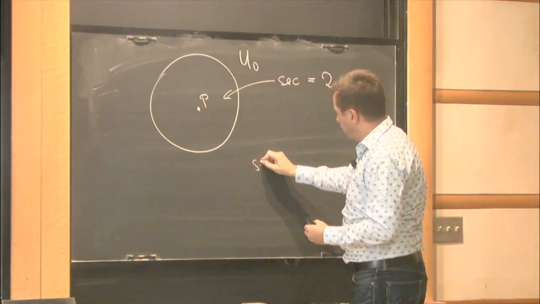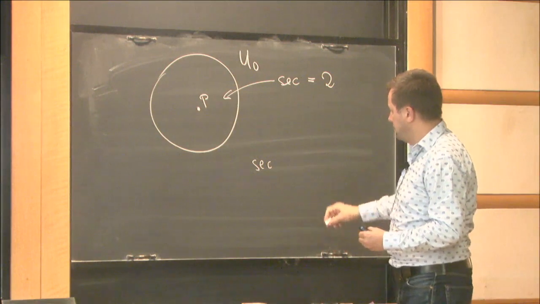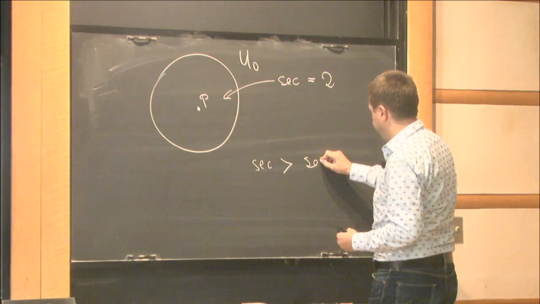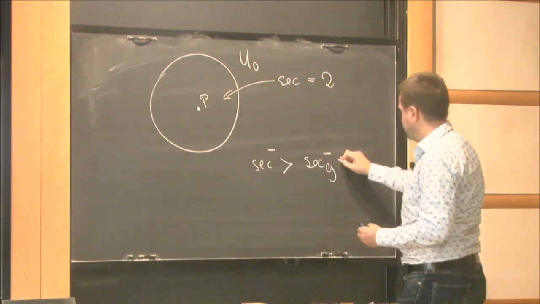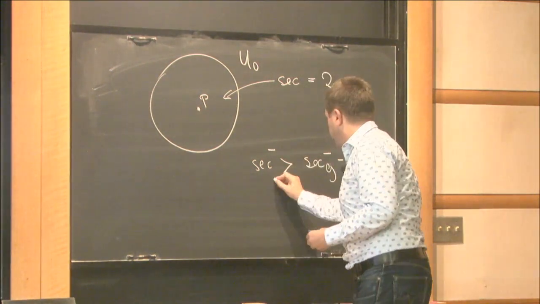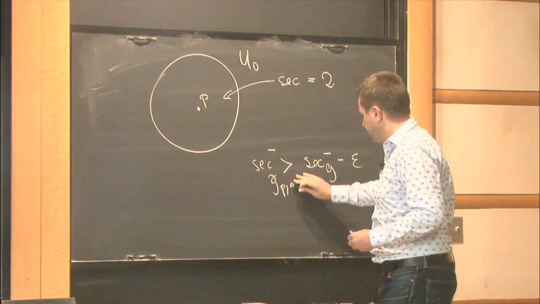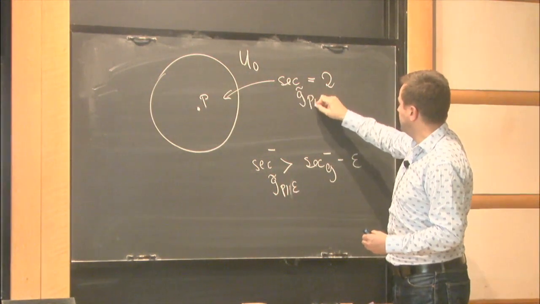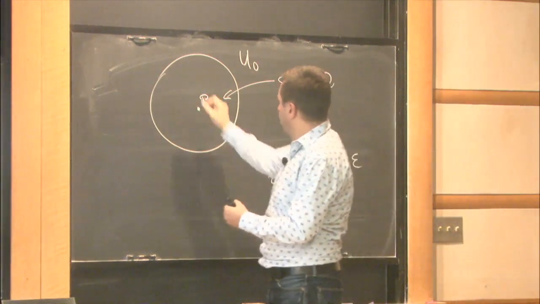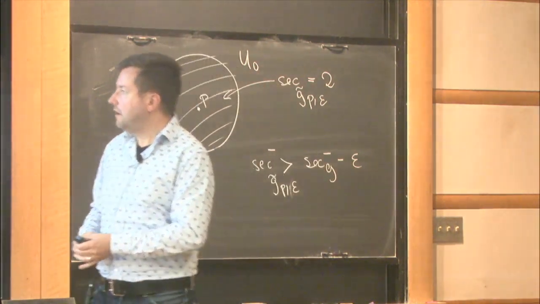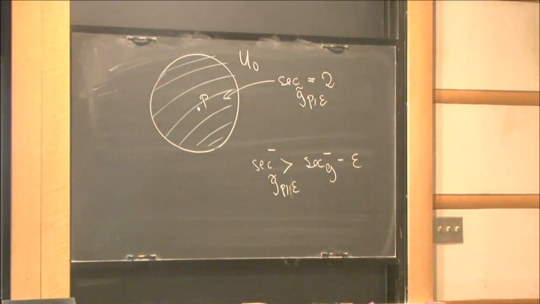And outside, the sectional curvature is bigger than the sectional curvature of g minus epsilon. And here I take the metric g twiddle P epsilon. That's the situation that we have here. So this is what the local flexibility lemma gives us.